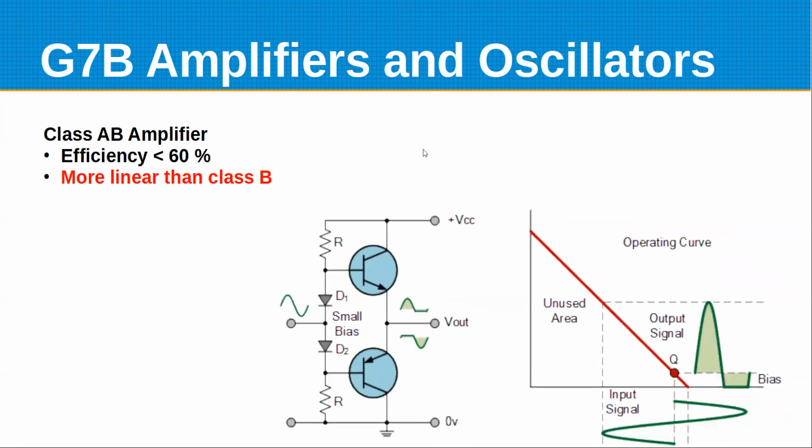The Class AB is a modification, and they do some things with the biasing so that it's on for a longer period of time, and tries to compensate for that crossover distortion. But because of that, it's a little less efficient.